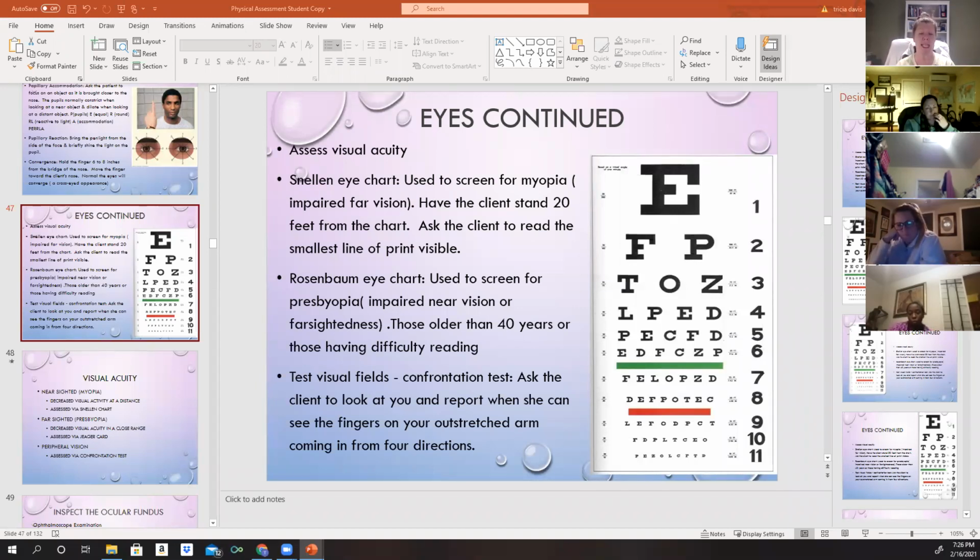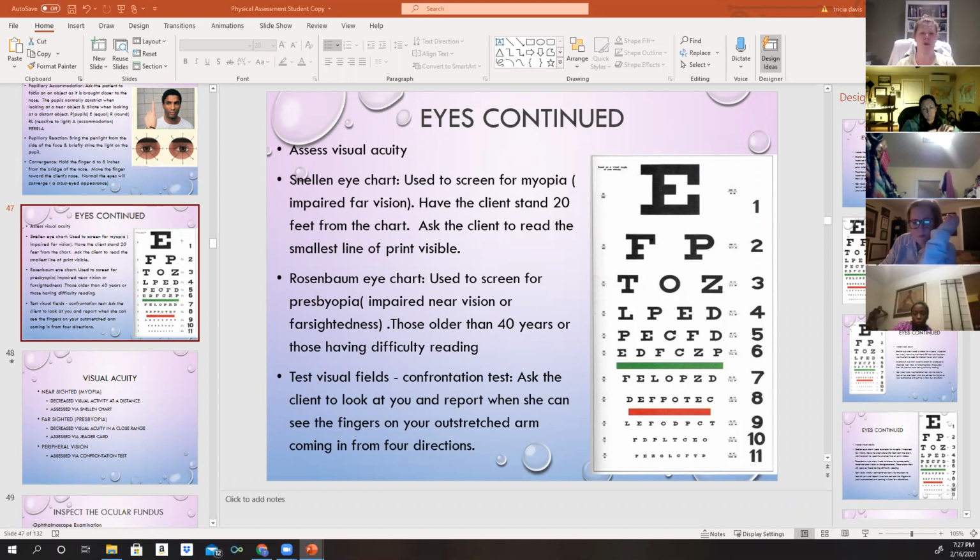Visual acuity is measured using standardized numbers that are listed on the side of the chart. The numerator is 20. That represents the distance in feet that the patient was from the test. The denominator represents the smallest line read accurately by the patient.